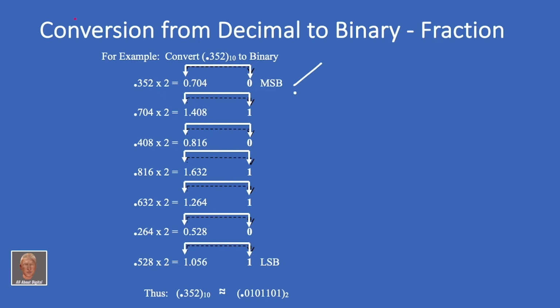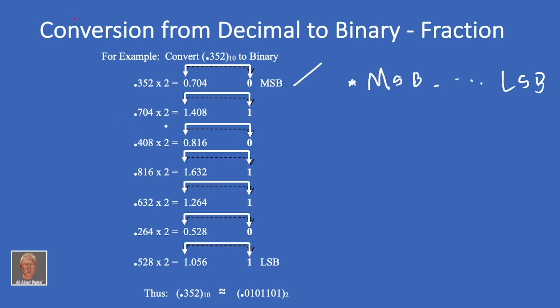That's the most significant bit to the right of the radix point. So this is the MSB, and as we go out this way, we'll get to the LSB. This is the digit to the right of the binary point, in this case because we're converting to binary.